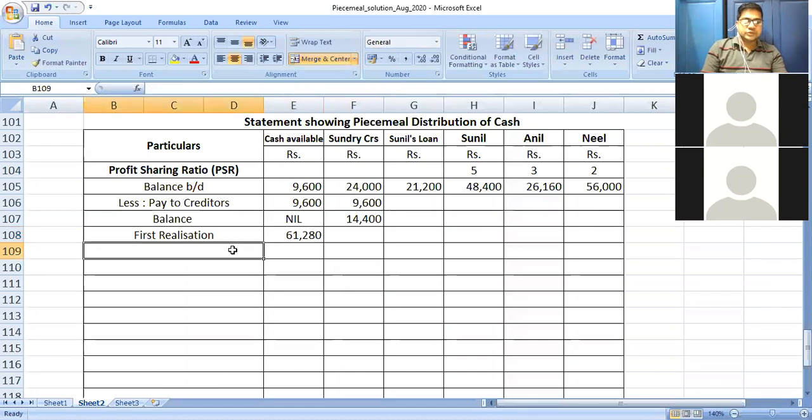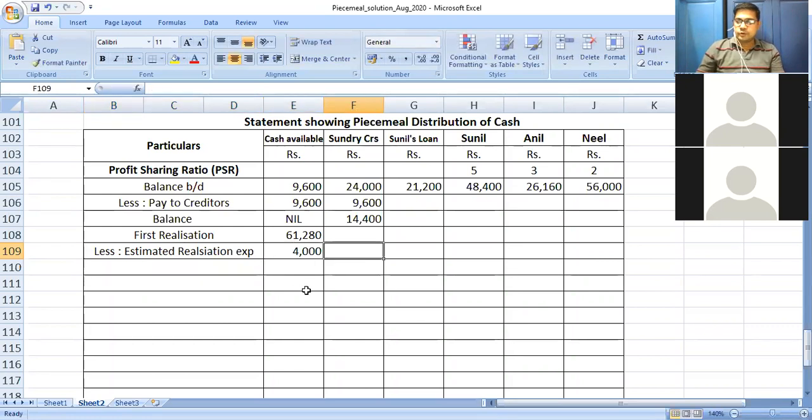From this 61,280 we will pay the estimated realization expenses. Estimated means they decided some value, that is 4,000. So we will write here 4,000.